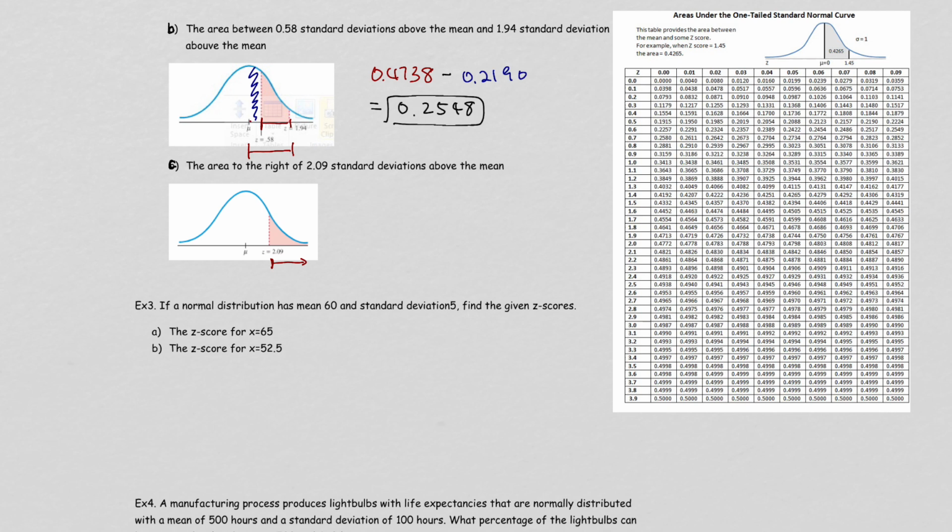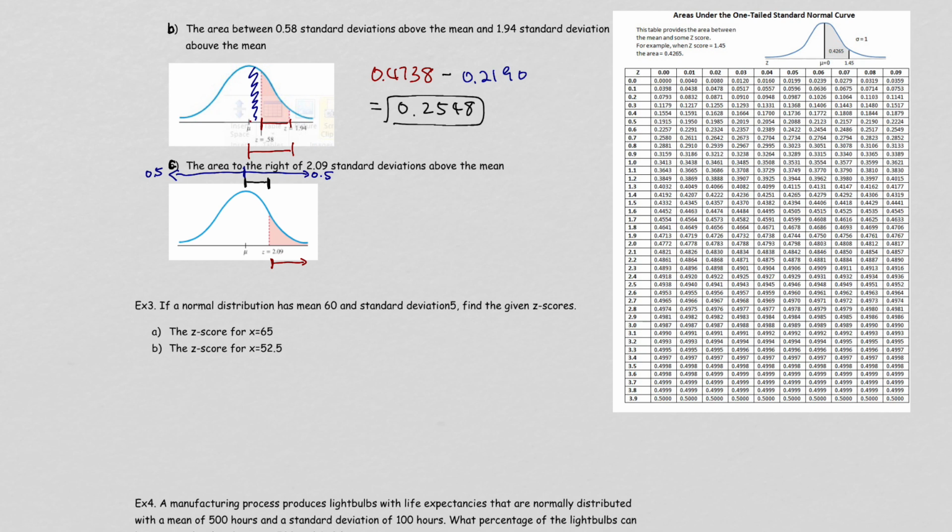If you have the values from the table, from here to here, and we know from the mean to the right side is 0.5, and mean to the left side is 0.5.